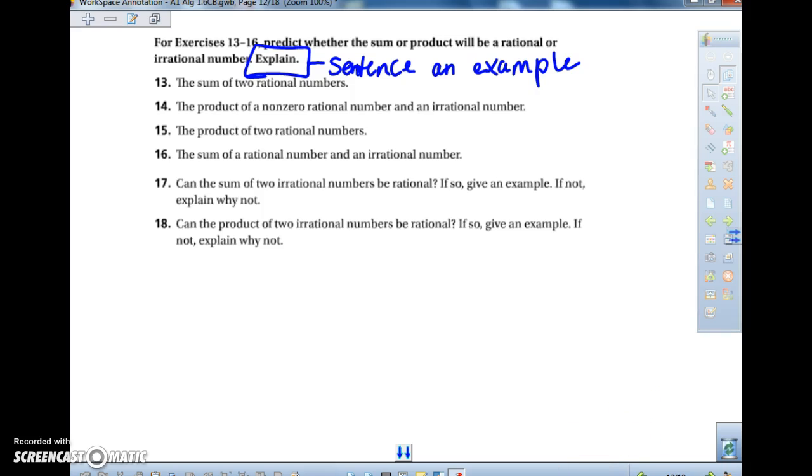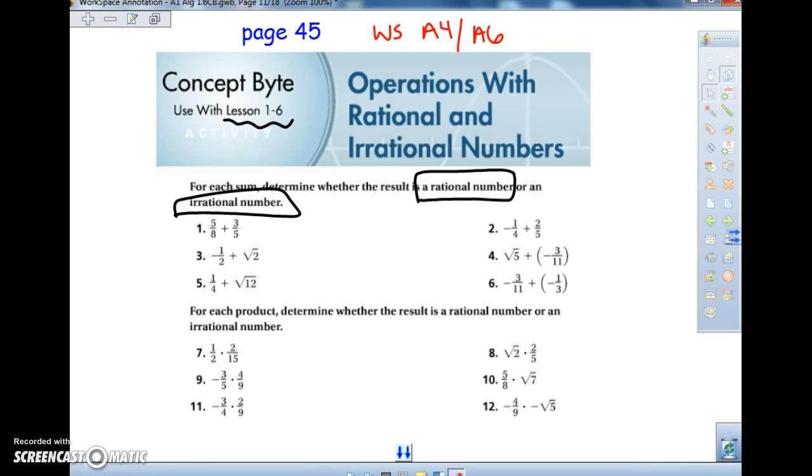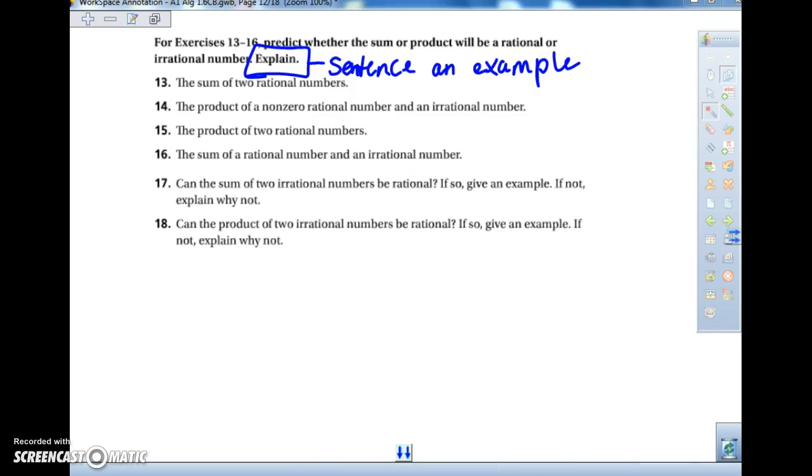All right, so as you look at your homework, first 6 answers, please make sure you only answer with the word rational or irrational. So write down the problem in your notes. You'll write this out, and then you'll write not the answer. You'll tell me, is it rational or irrational? For each of these, they ask you to determine again, is it rational or is it irrational? So write the problem and then tell me your answer.